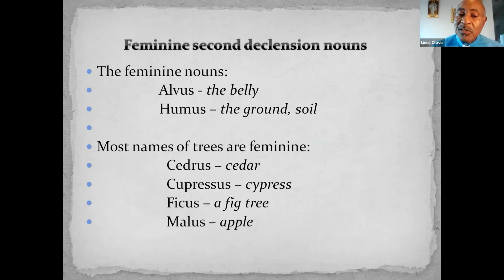So the tree was said to be malum and that caught on somehow to malus, and that's why it's thought to be an apple tree. So it's a linguistic thing more than a theological thing.